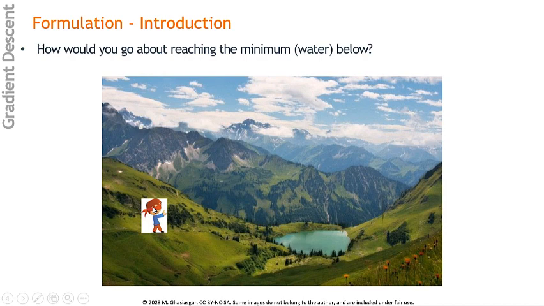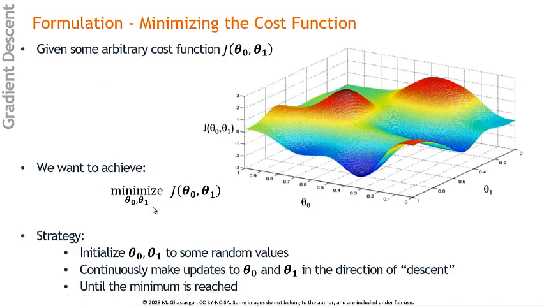Okay? So let's see what that looks like graphically. Remember our cost function. Here we have a more complicated cost function that has peaks and valleys. So imagine the person on this surface. This is our situation mathematically. We may start with a particular value. For instance, suppose we start with theta 0 equal 0.7 and theta 1 equal 0.4.